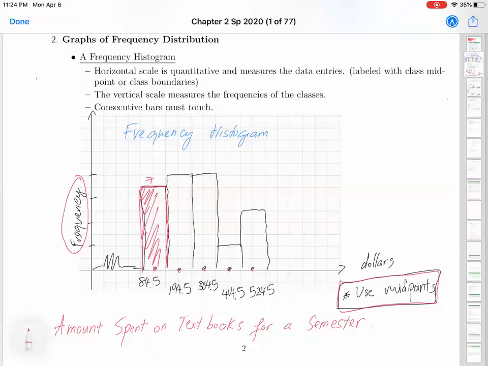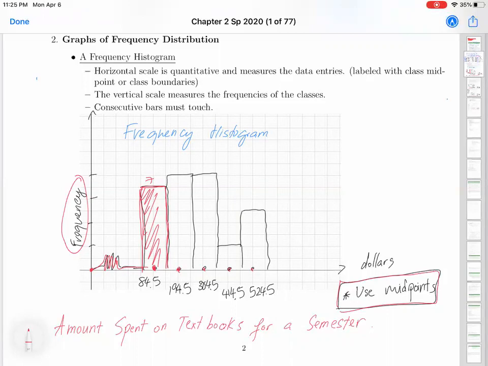When I construct this frequency histogram, I need to label my scale accordingly. So for the horizontal scale, I have midpoints. And since the distance from the origin to this point and the proportion of the distance between these points is not the same as the proportions of this point, I need to have this broken axis here to indicate that the proportion is not the same.